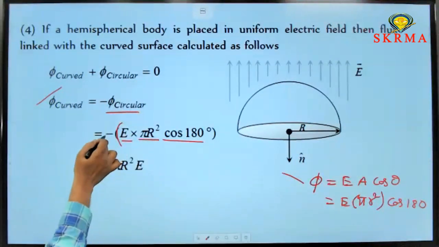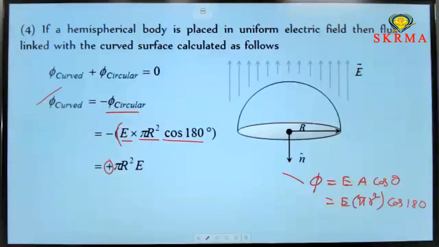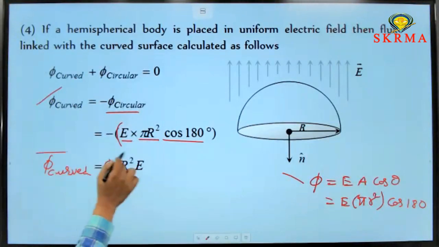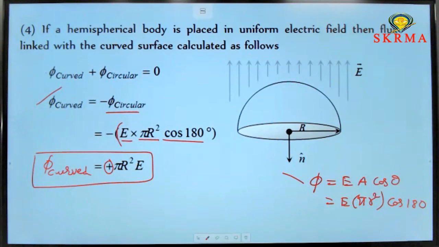Minus 1 becomes a plus, then you will get pi r square E. This is the flux passing through the curved surface. Pi r square E is the flux passing through the curved surface.